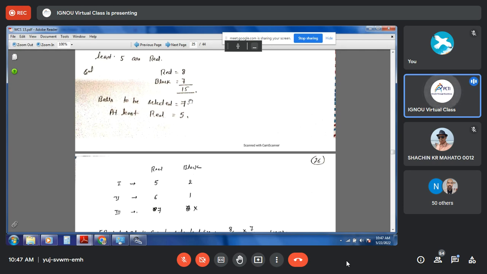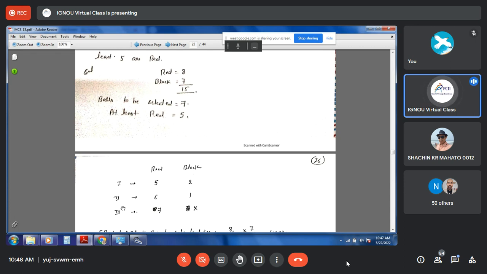We have to select 7 balls. So if we select 6 reds, then we have to select 1 black ball. Or if we select all 7 reds, then no need to select any black ball. So there are 3 situations. 1, 2, 3. In every situation, see 7, 7, 7. Now calculate all 3 situations and add them.